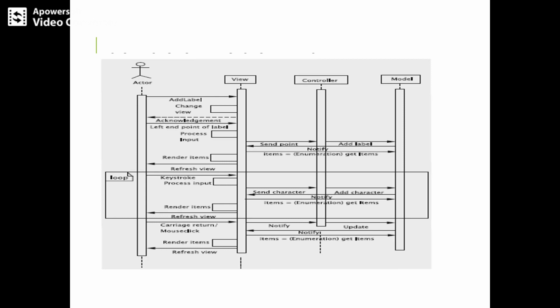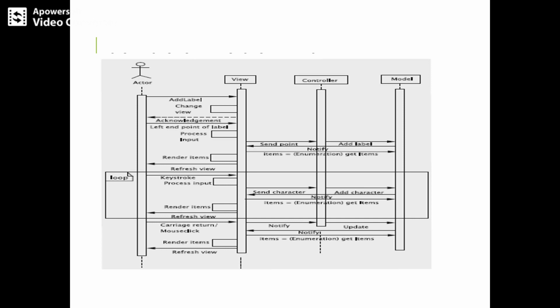So add label, a change will go from the actor to the view. There is an acknowledgement. The left point of the label always starts with the first character and goes left to right. So start with the process input, send a point to the controller, add a label to the model.